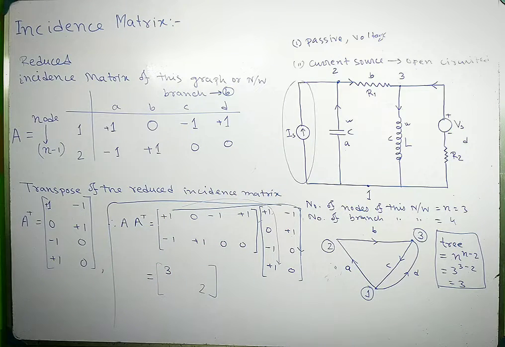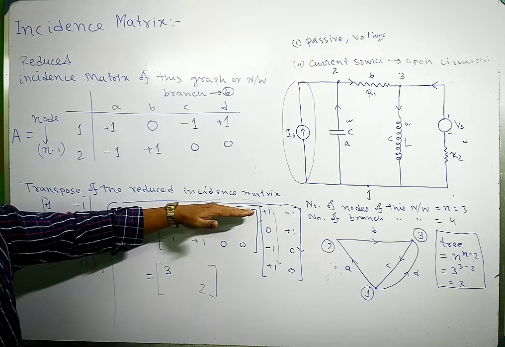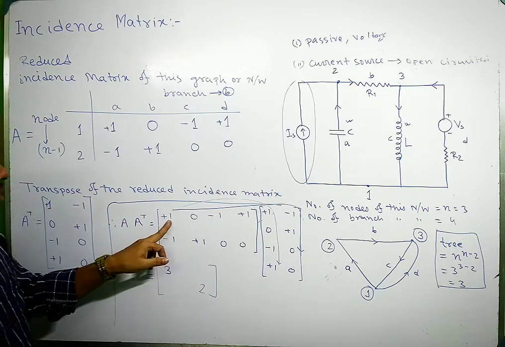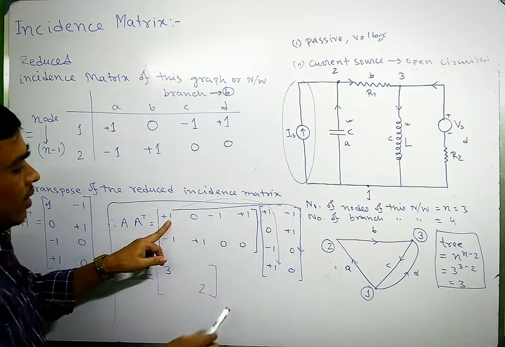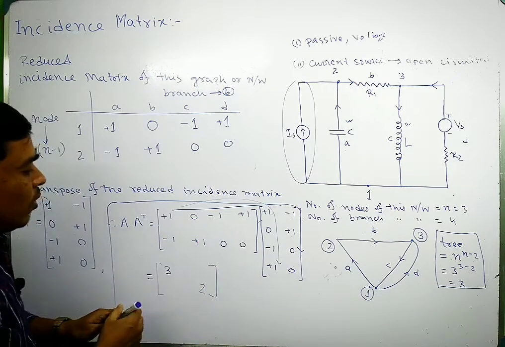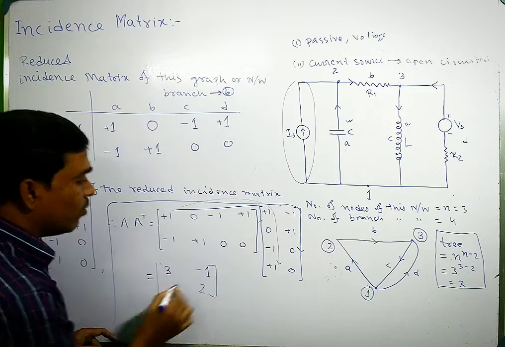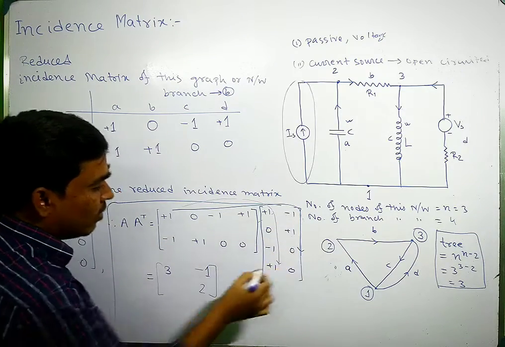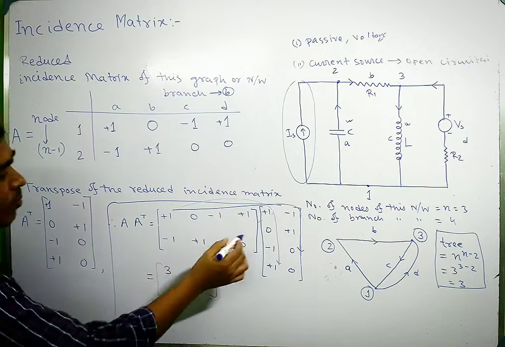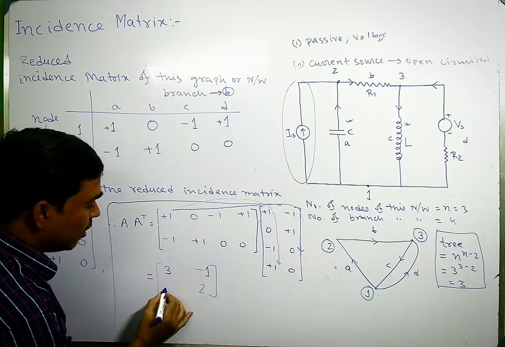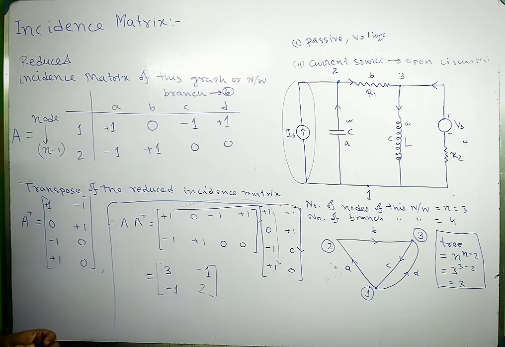Now if you multiply this with this, this is minus 1, this is 0, this is 0, this is 0, so this is another minus 1. There will be another minus 1.